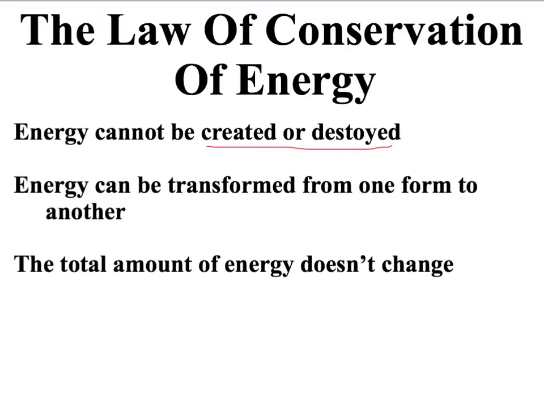Energy can be transformed from one form to another, for example, from potential energy to kinetic energy, or from kinetic energy to potential energy, but it's not going to be created or destroyed. So the total amount of energy in a system doesn't change. It's going to remain equal.